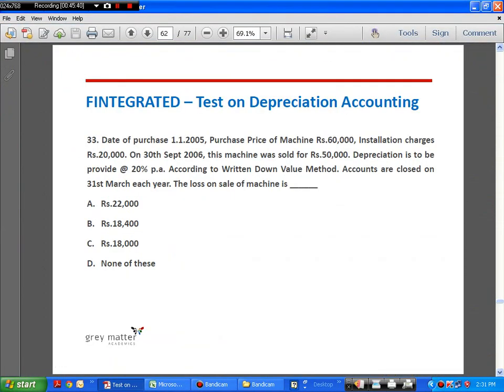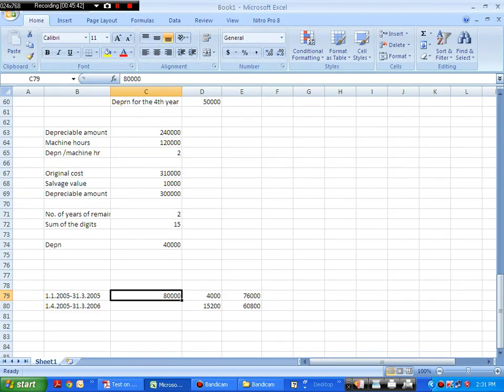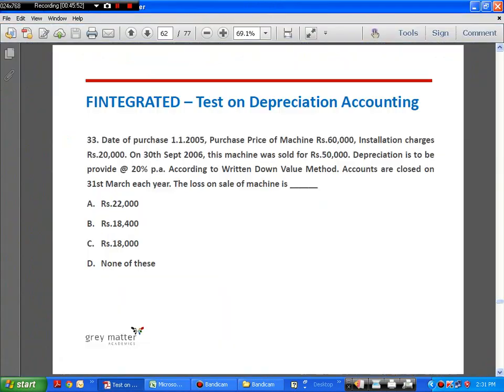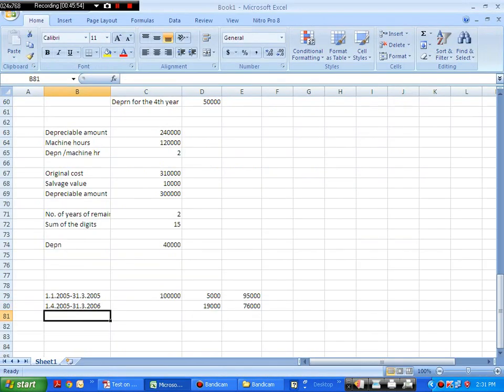The purchase price of the machine is 80,000, so it becomes 1 lakh. This is not 60, it is 1 lakh. Okay, so the WDV as of 31st March 2006 becomes 76,000, and then it's sold on 30th September, which means it's getting depreciated only for 6 months.